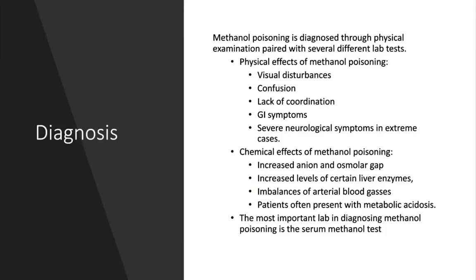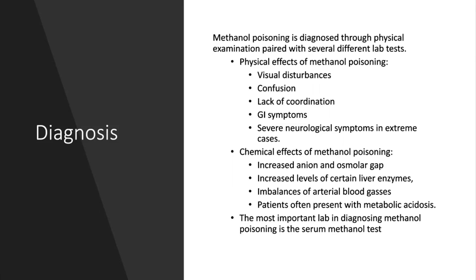So, how was our patient diagnosed? Well, first we need to look at how methanol poisoning is diagnosed in general. Methanol poisoning is diagnosed through physical examination paired with several different lab tests. Physical effects include visual disturbances, confusion, lack of coordination, GI symptoms, and severe neurological symptoms in extreme cases.